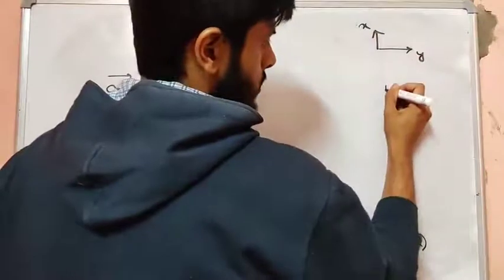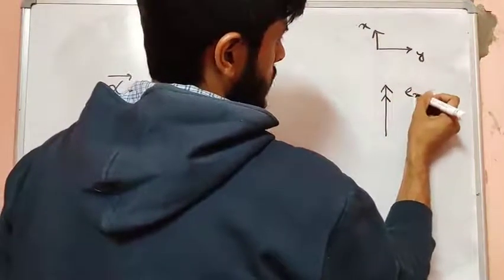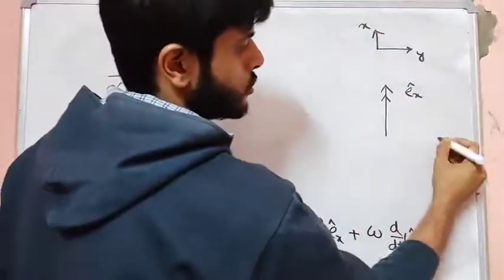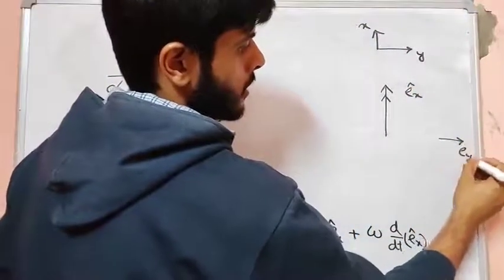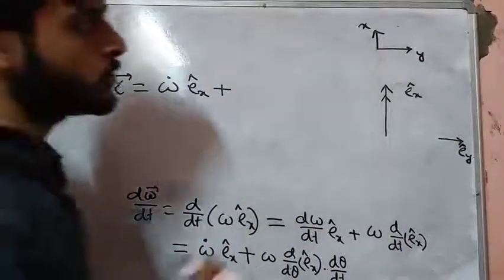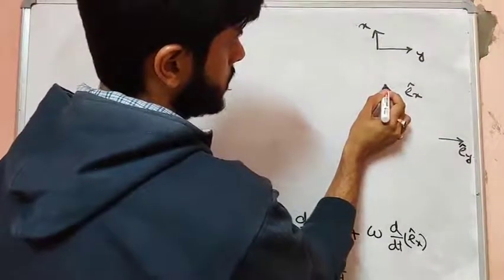So the angular velocity is like this, right? This is the direction of ex, and this is the direction of ey. Now, if this ex turns, let's say ex turns, consider a circle like this.